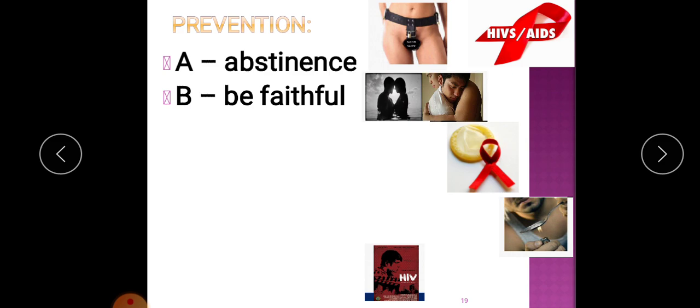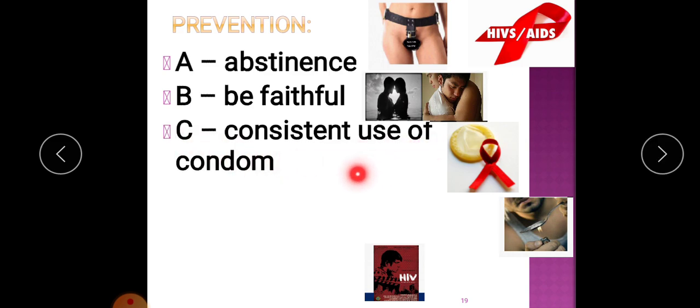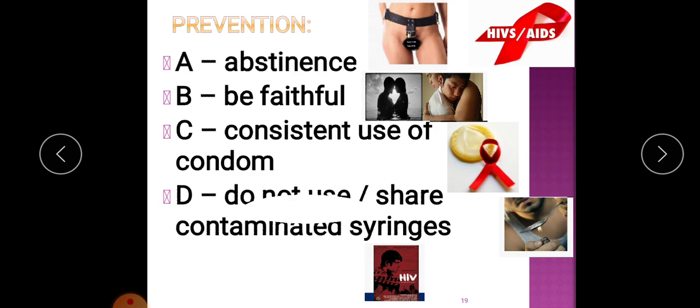So that is letter B. The letter C is consistent use of condom. The condom is a type of barrier, not just for contraception, but also a barrier against HIV infection. The letter D, do not use or share contaminated syringes, particularly those who are using injectable drugs or drug addicts.